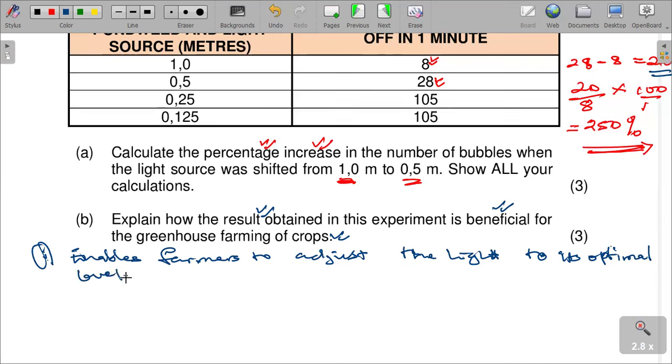That is one, which we are saying is done so as to increase the rate of photosynthesis.